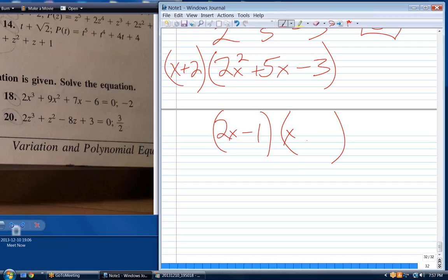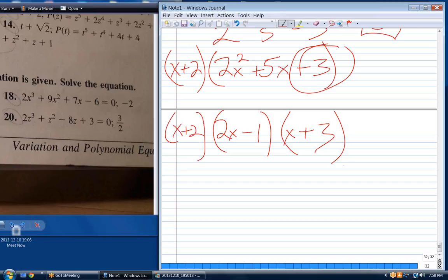Okay, remember your numbers have to always multiply to this constant. So it can't be 6 and 1. It's 1 and 3. That produces the middle term of 5x. Oh yeah, it does. Okay.